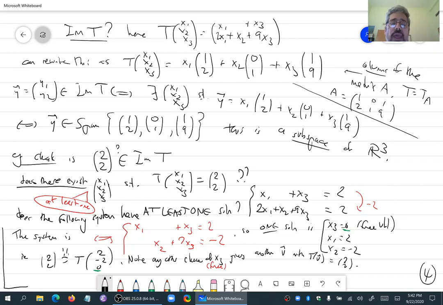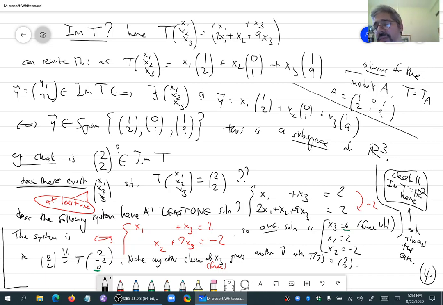Okay, this particular example, it turns out, you can check this, that the image of T equals R2 here, but this is not always the case, okay? But here we are saying that every vector in R2 is actually in the image, okay? And that's not going to be always the case.